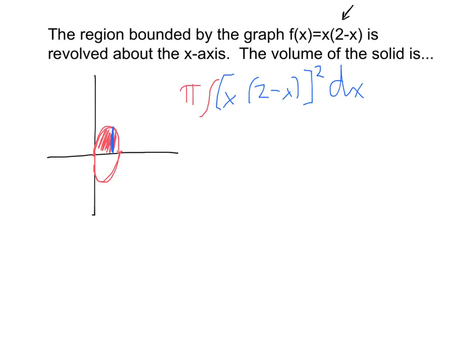And this is for all x values from the least x value to the biggest x value. Our smallest x value is 0, and the biggest x value is 2. So this equation is really just adding up the areas of every circle that could be created from 0 to 2.